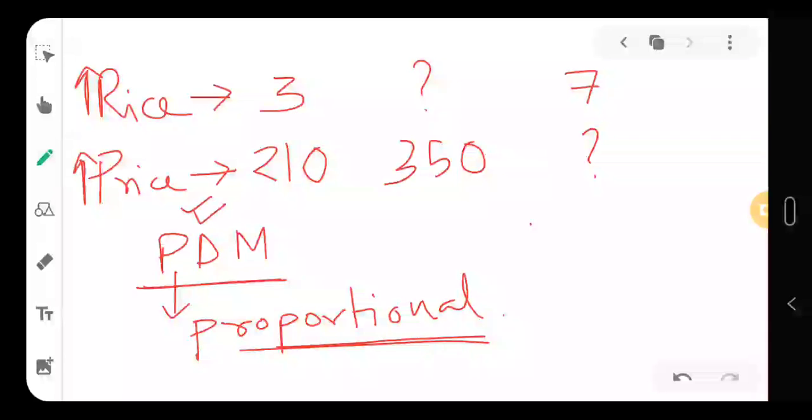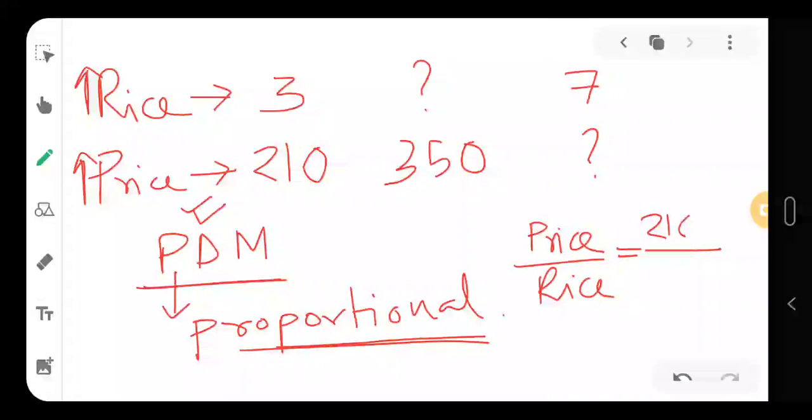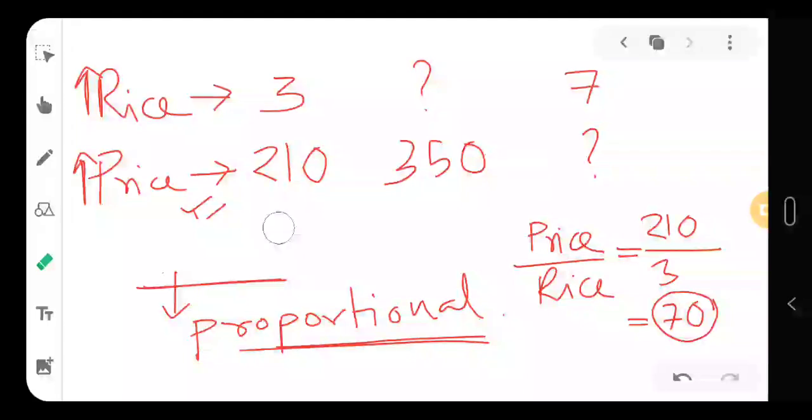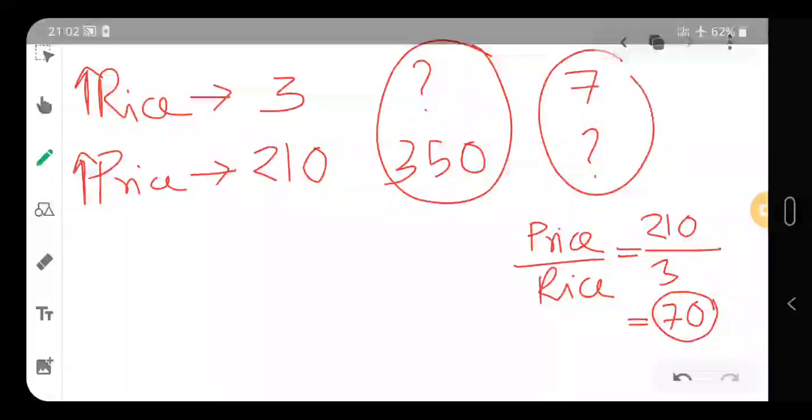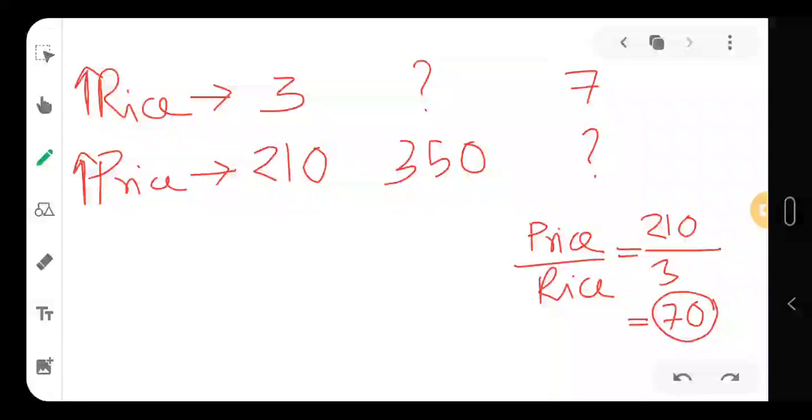The ratio, that is, division. So if we take price versus rice amount, from the first value we get 210 by 3, so the price by rice ratio is 70. That means this ratio has to be the same for the other values also.